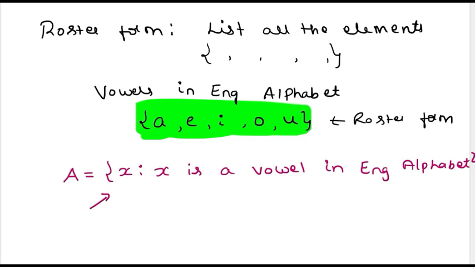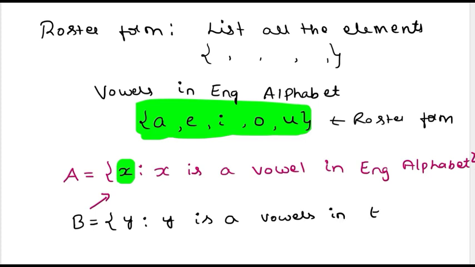Is it necessary to always take X? You can take any variable there. So B is a set, the collection of all Y such that Y is a vowel in the English alphabet.